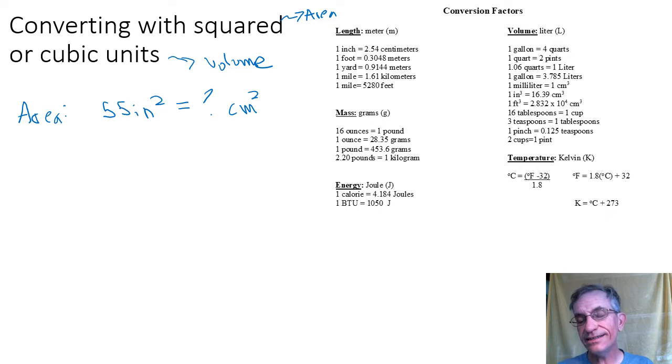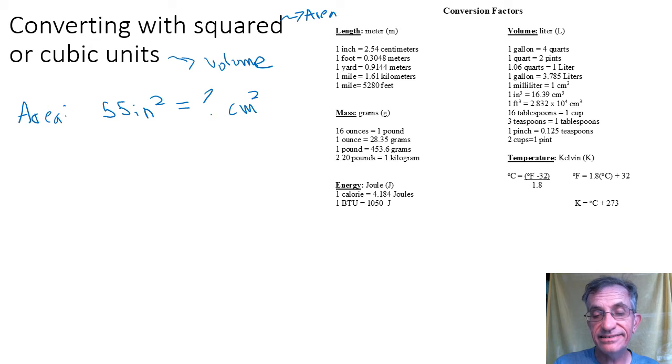What we can do, though, is take these conversion factors and take the regular conversion factor and make it the squared version of the conversion factor.